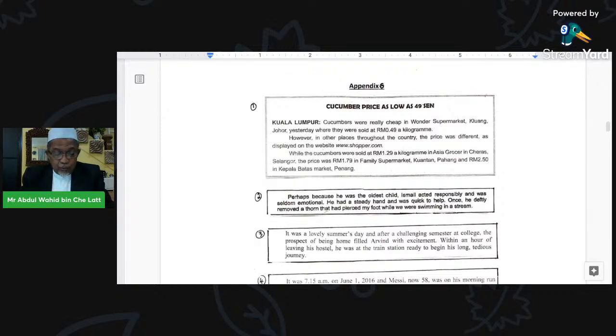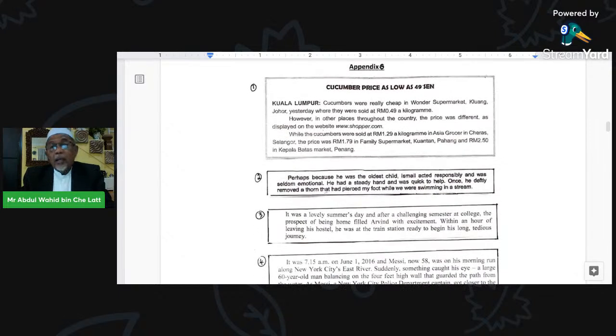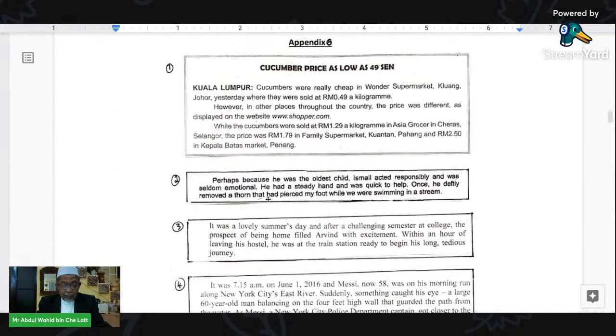Extract number 2. Perhaps because he was the oldest child, Ismail acted responsibly and was seldom emotional. He had a steady hand and was quick to help. Once he deftly removed a thorn that had pierced my foot while we were swimming in a stream.